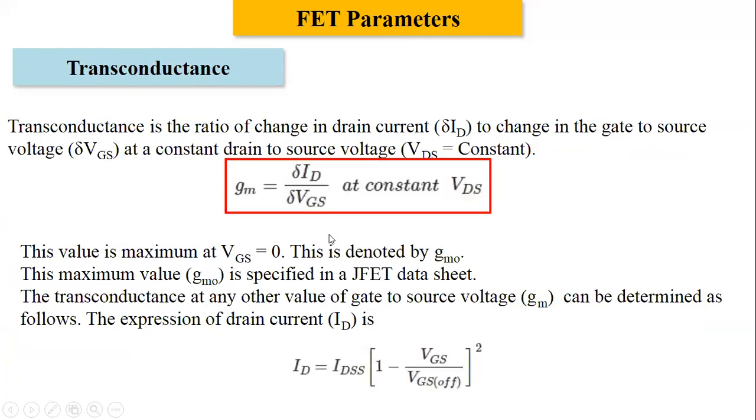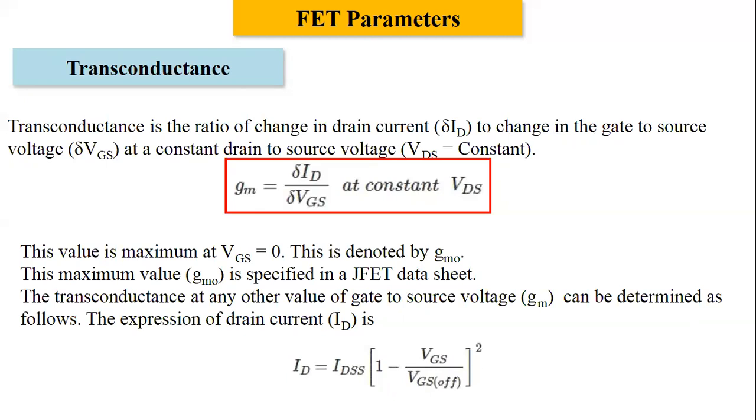Now, every device has its resistance, right? We have already formulated the resistance, that was the dynamic resistance. Now we have to formulate the transconductance. So what is a transconductor? It is nothing but the conductance offered when we supply something as input to the device and we get the resultant output.